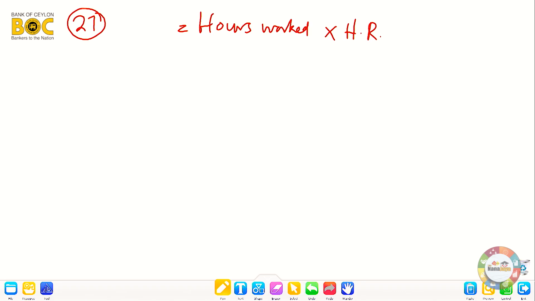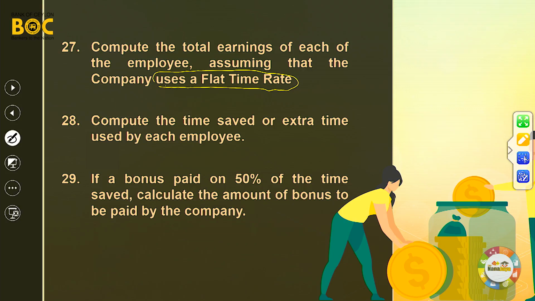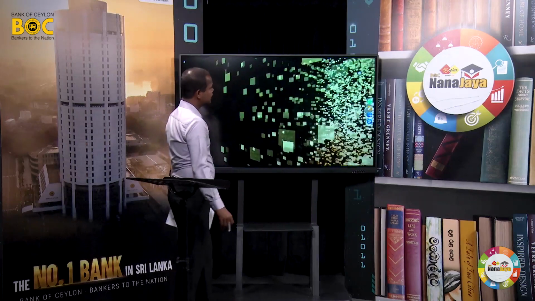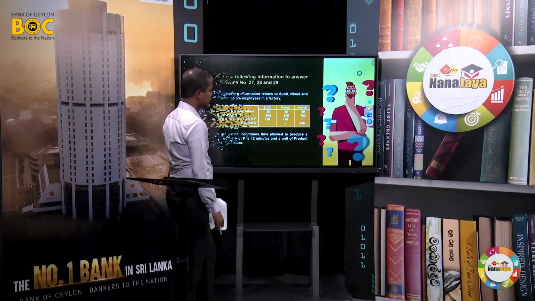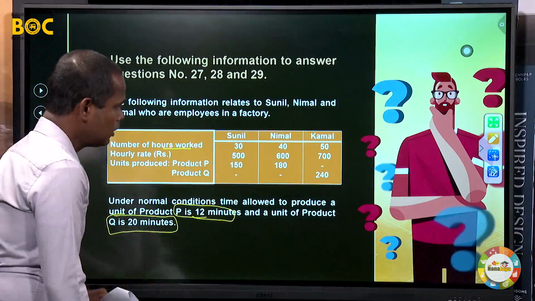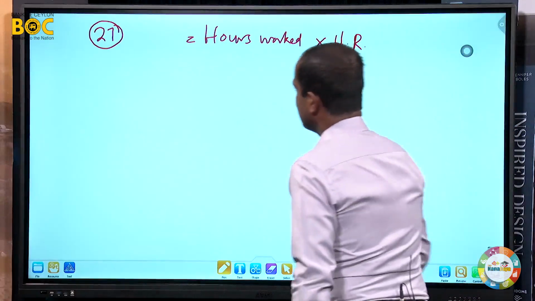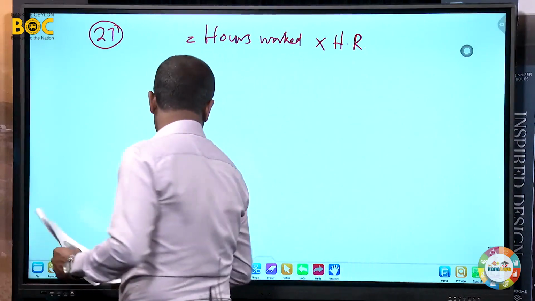If you go back to the question, we have 3 employees: Mr. Sunil, Mr. Nimal and Mr. Kamal. We will calculate separately.